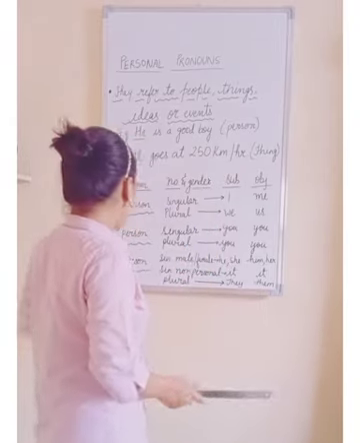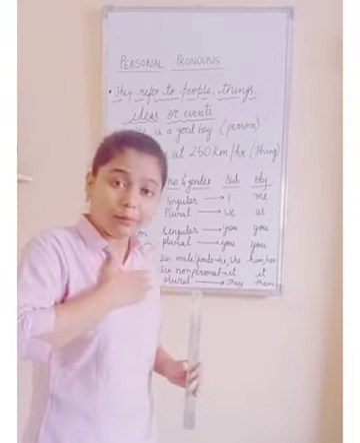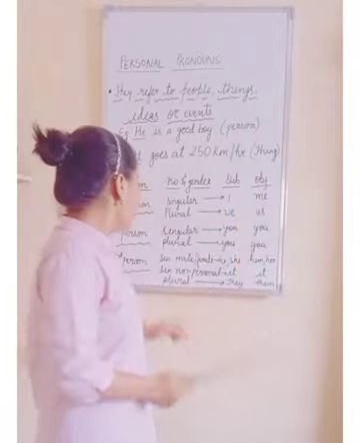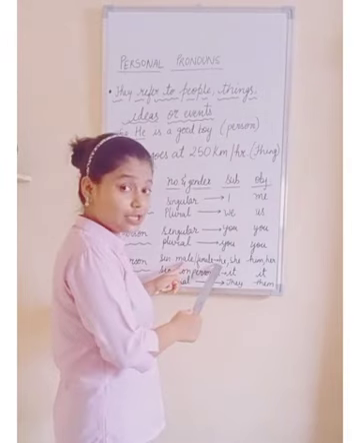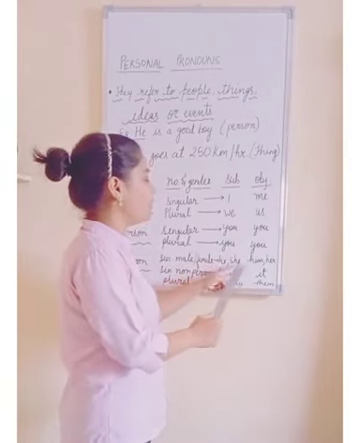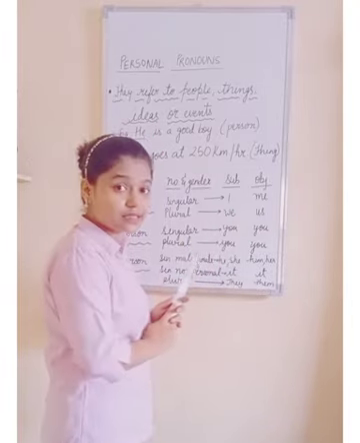Okay. Then if we talk about the third person, we are not talking about me and you. We are talking about someone else, the third person. Then for singular male, what do we use? He. For singular male, we use he. And for singular female, we use she in place of subject.